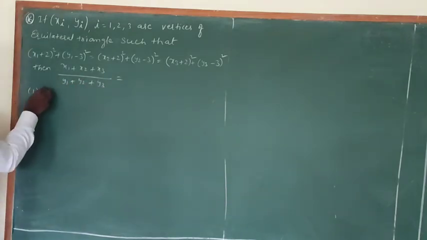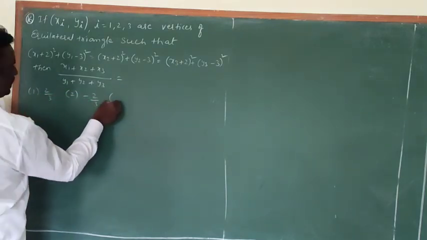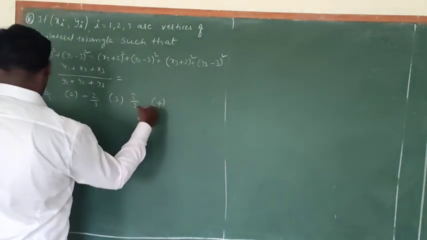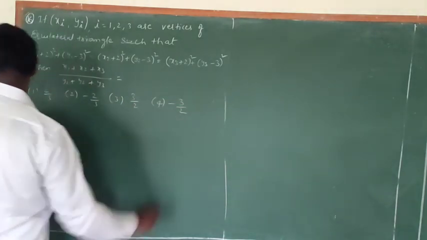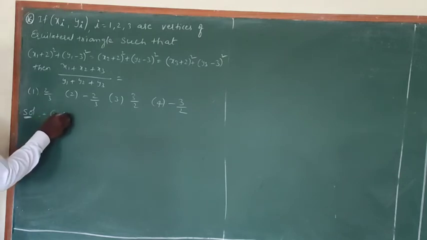First option 2 by 3, second option minus 2 by 3, third option 3 by 2, fourth option minus 3 by 2. Okay. Given. So what is the given condition?